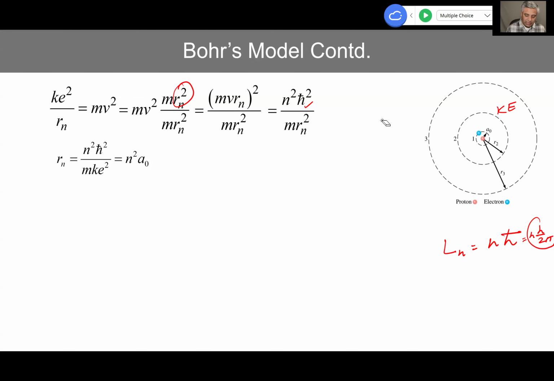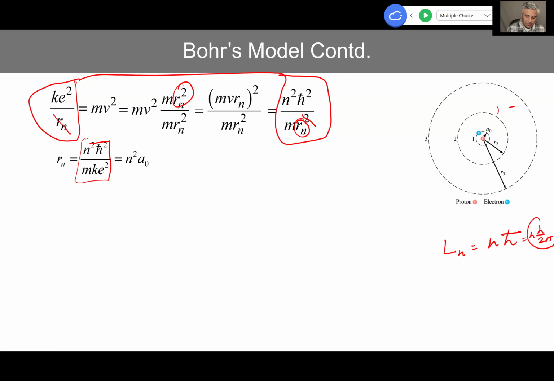So that gives us the nth value of Rn, the nth value of the orbit. By rearranging this equation, one of the R cancels, and solving for this Rn over here, we get this.